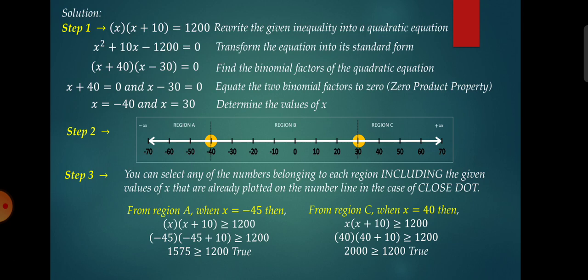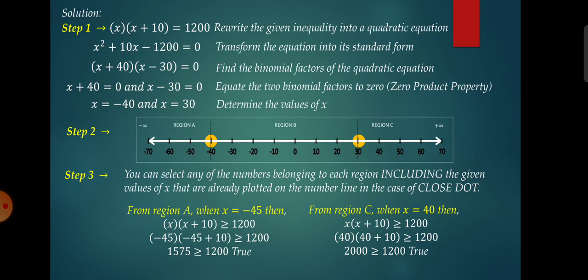That is 50. 50 times 40 is 2,000. Is 2,000 greater than 1,200? Yes, it is true. It is not true that 2,000 is equal to 1,200, but at least it is true that 2,000 is greater than 1,200.